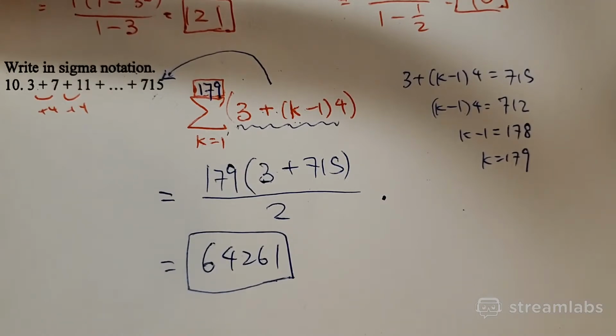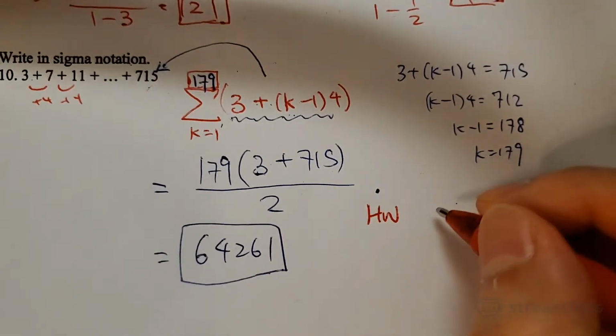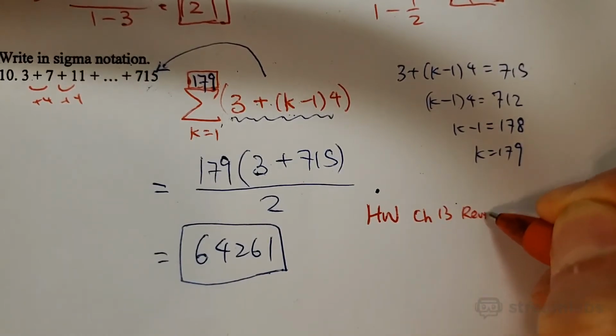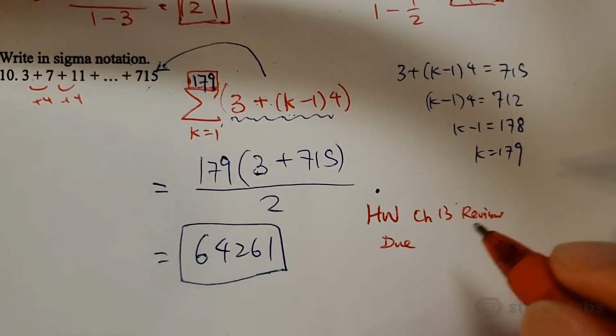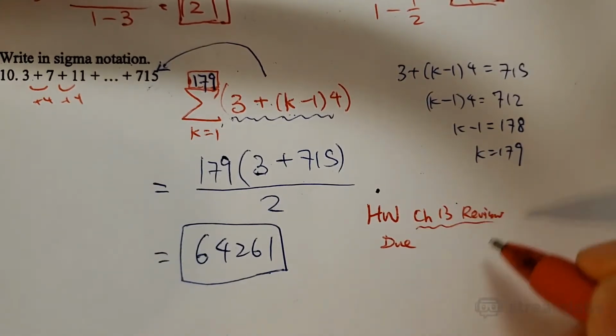Alright, not bad. 8 to 10. I would say it's okay. So homework is the review page. Chapter 13 review. This is the last page of your packet. If you haven't printed this out yet, I don't know why you haven't, but you know the school year's over. So I also have this on Google Classroom.